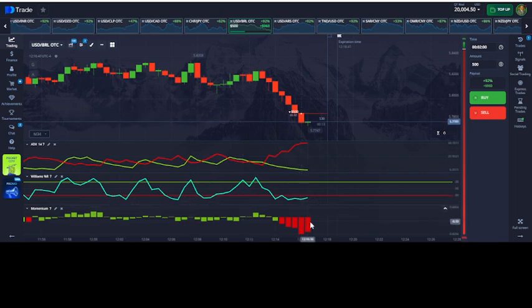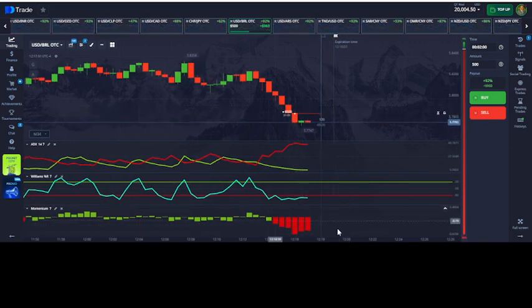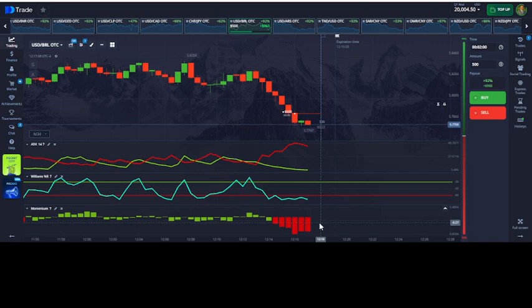And if you look at the momentum indicator here, we're seeing some growing red histogram lines. So all these confluences suggest a continued bearish movement to the downside over the next 2 minutes. So let's monitor this trade and wait for the expiration.